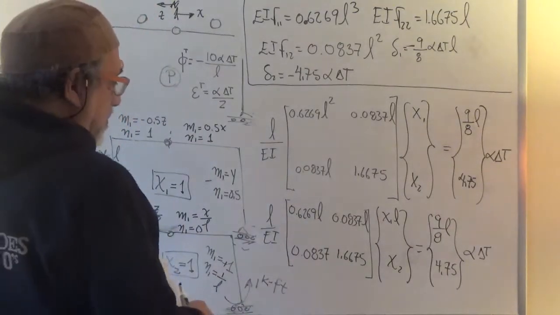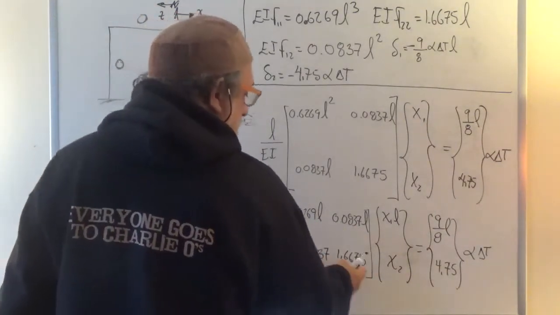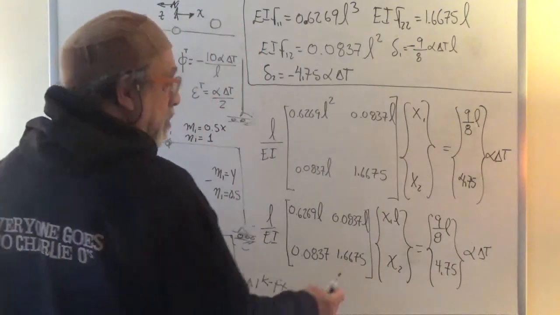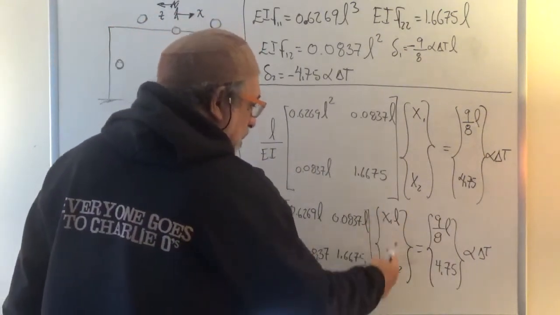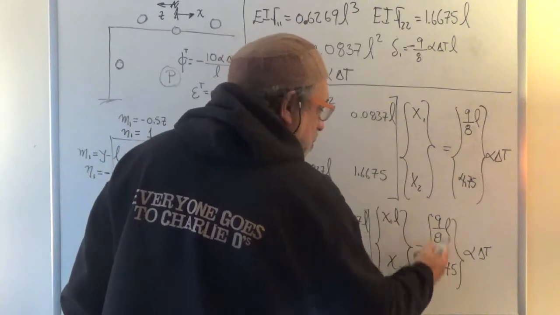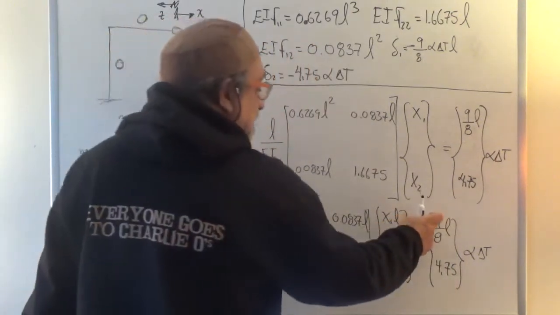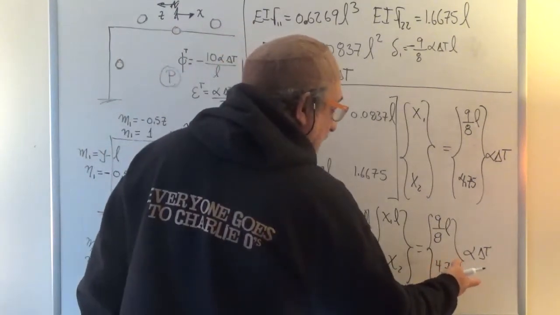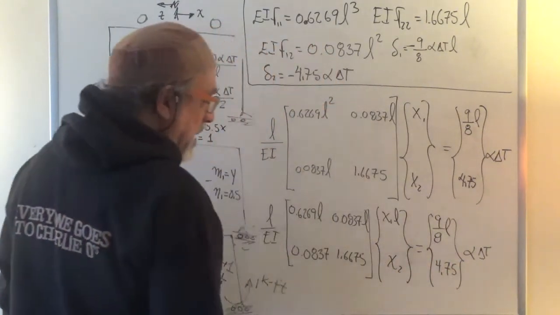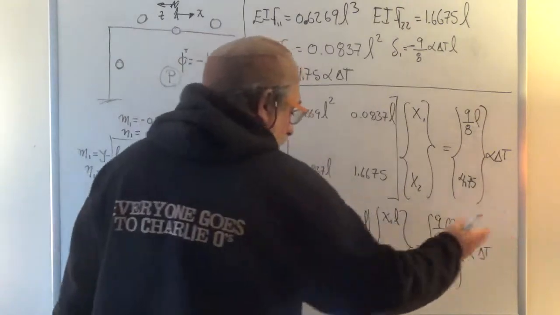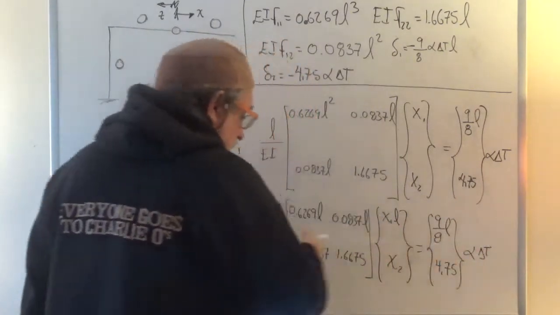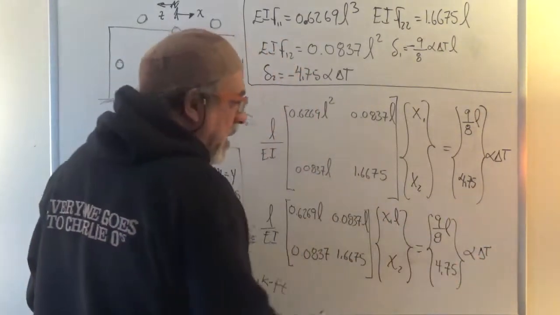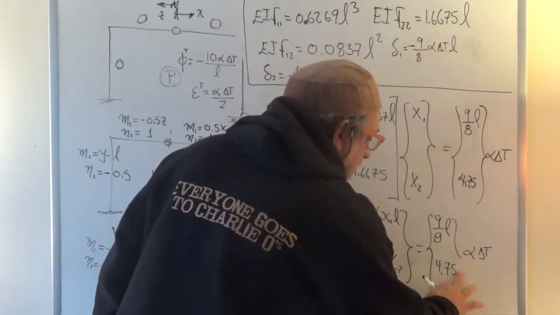Why? Because this matrix has an L and then this doesn't have anything. Why is that? Because even though both of these are forces, these are not both displacements or both rotations. This is a displacement and this is a rotation. So if I want to make that rotation a displacement, I can take the second equation, which is the second partition on a matrix, and multiply it times the length.